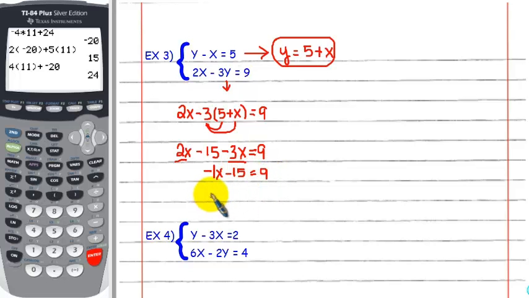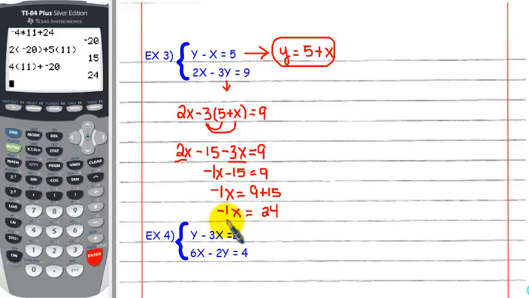Alright. And now we're going to have negative 1x. I'm going to move the 15 to the other side. So this would be 9 plus 15. Alright. And this would be negative 1x. 9 plus 15 is 24.